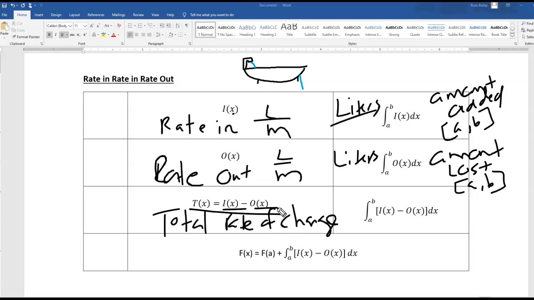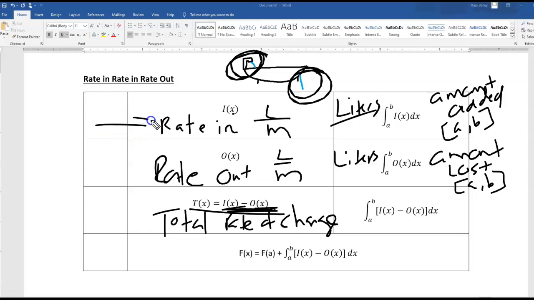For instance, if the rate in is greater than the rate out, you end up with a positive number, and that means the amount of water in your tub is increasing. But if your rate out is bigger than your rate in, you end up with a negative answer when you subtract them, and that means the water level in the tub is decreasing. So that just tells you the total rate of change.